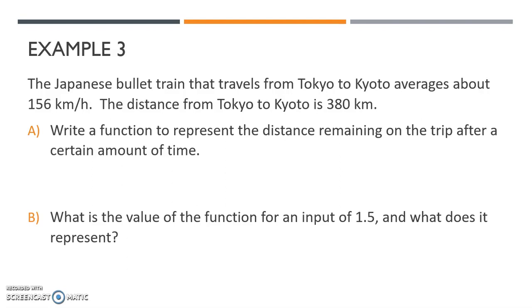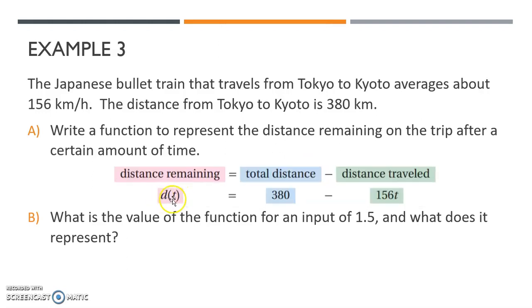So we need to remember that the distance remaining is going to equal the total distance minus how far we've traveled. That's what we're doing. So the distance remaining, I'm going to use function notation for that. I just did d of t. And after a certain amount of time, that's why my variable is time, and d represents distance.